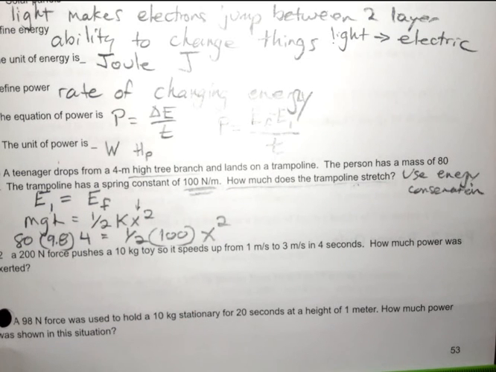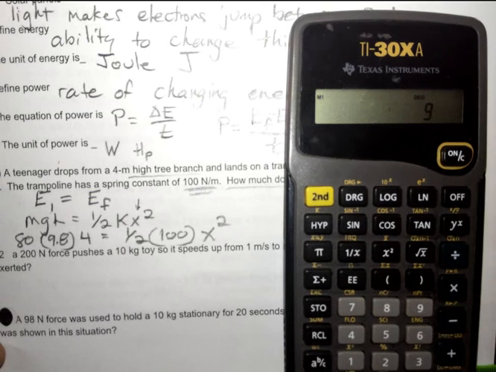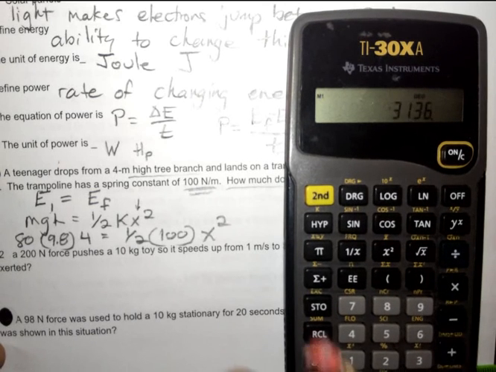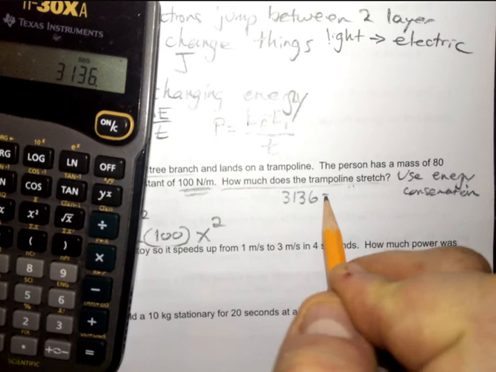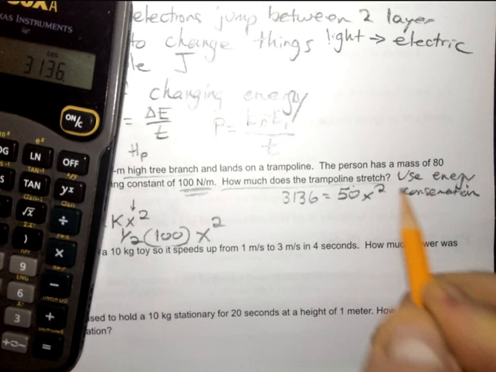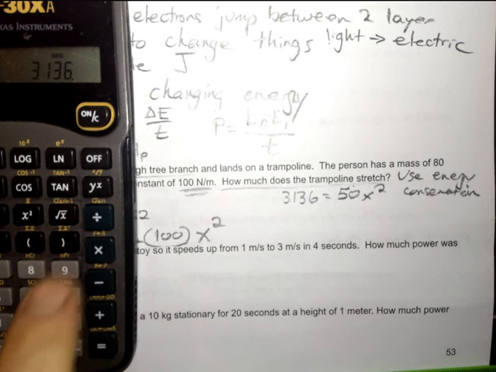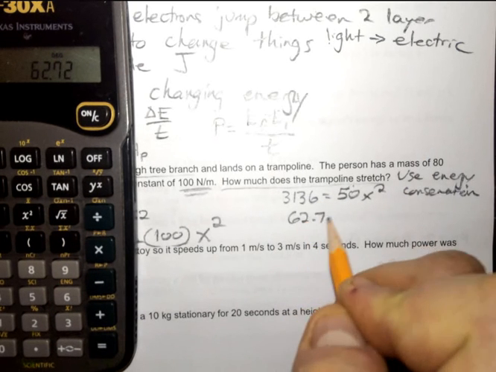Getting the calculator out to do all this. 80 times 9.8 times 4. On the left-hand side is 3136. And then half of 100 is 50. So I got to divide both sides by 50. I get 62.72. But that is not my answer.